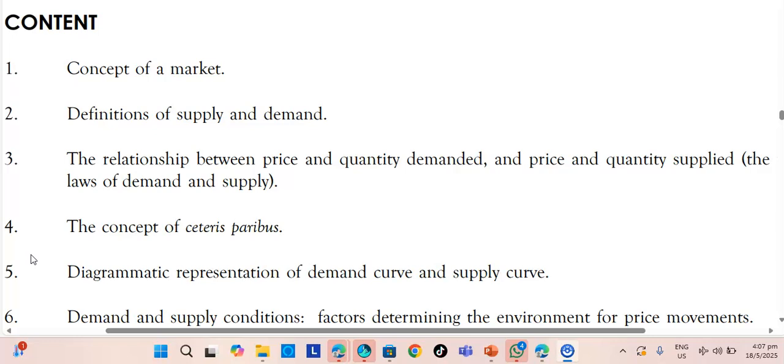Now, let us look at some examples. The first one we're going to look at is ceteris paribus in the law of demand. What does the law of demand say? Very good. If the price of, for example, apples goes up, people will what? People will buy fewer apples.